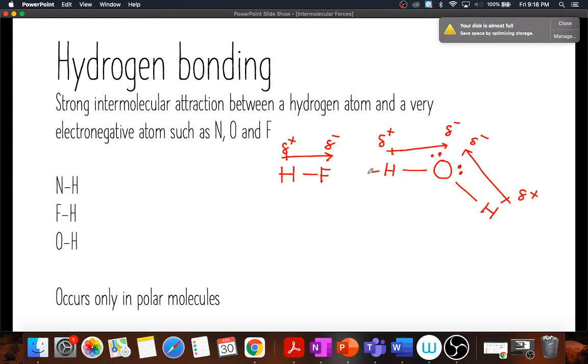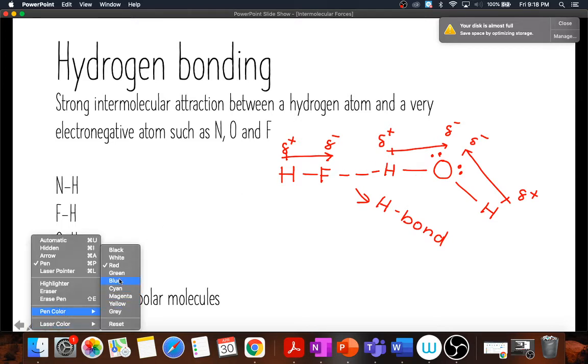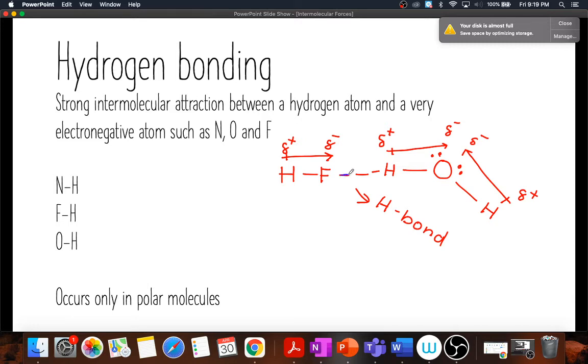This attraction between the hydrogen in one compound that's bonded to an oxygen and a fluorine in another compound that's bonded to a hydrogen, this is what we call a hydrogen bond. So this is still between different molecules. Let me just highlight that with a different color. This taking place here is an intermolecular force.